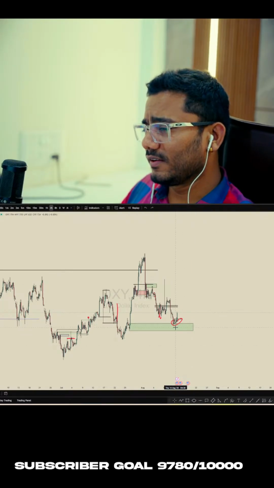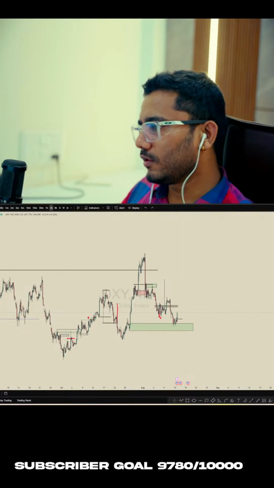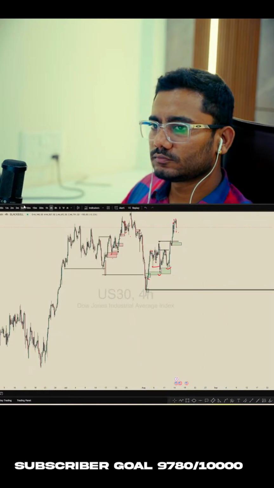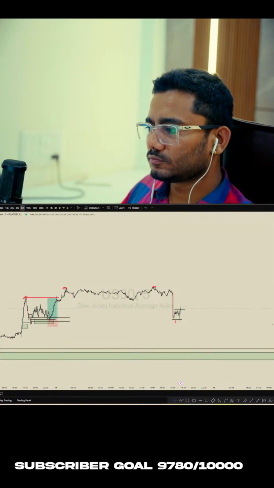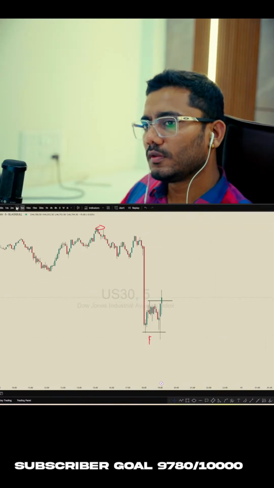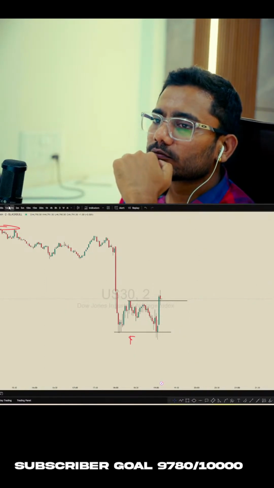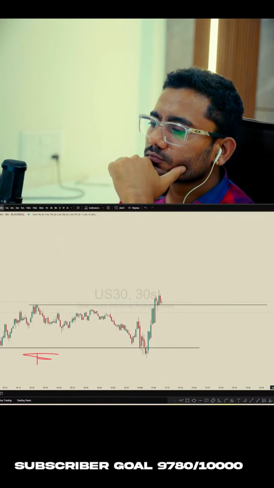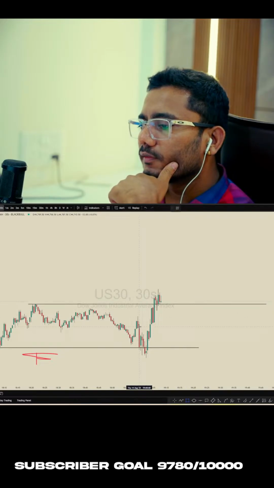Not a big move, but even if price gives us a small reaction to the upside, probably EURUSD will go to the downside. So price has already mitigated this zone.